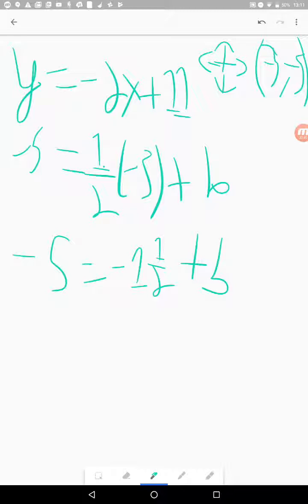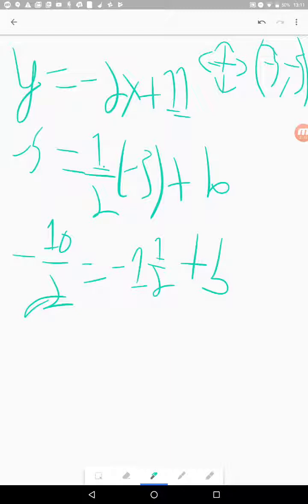You can rewrite negative 5 as an improper fraction over 2. So in this case, you can do this. That's simple, huh? Okay, so now it should be easier. So you have negative 10 halves equals negative 3 halves, or negative 1.5, plus b.